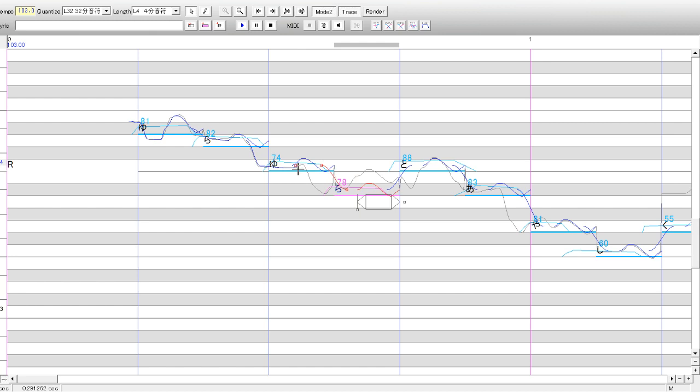In English specifically, it's really, really important for everything to be precise with the exact timing.